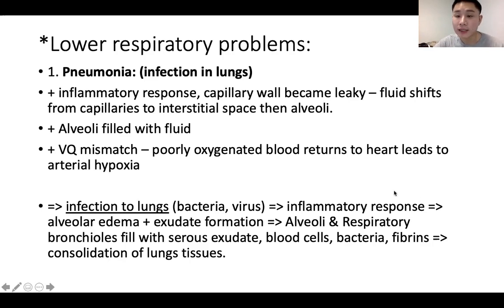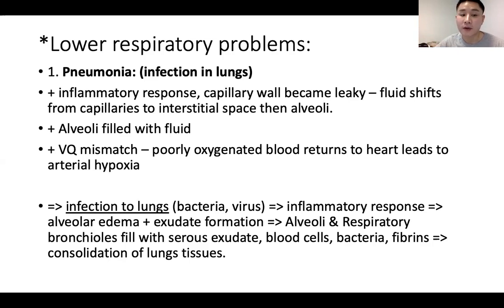Again, pneumonia is basically an infection of the lungs caused by bacteria or viruses. These cause the body to elicit the inflammatory response, which leads to alveolar edema and exudate formation. Exudate is the white blood cells and pus that form when the inflammatory response is elicited.